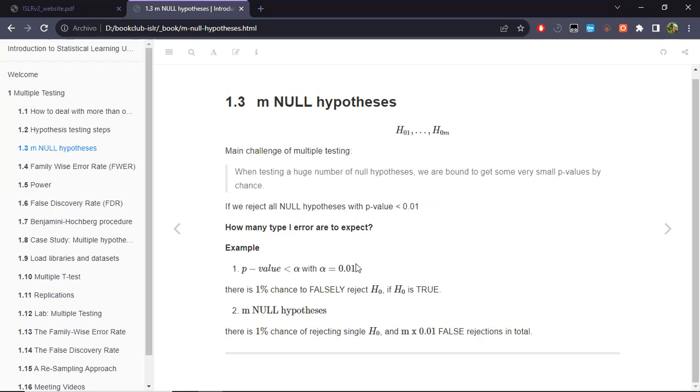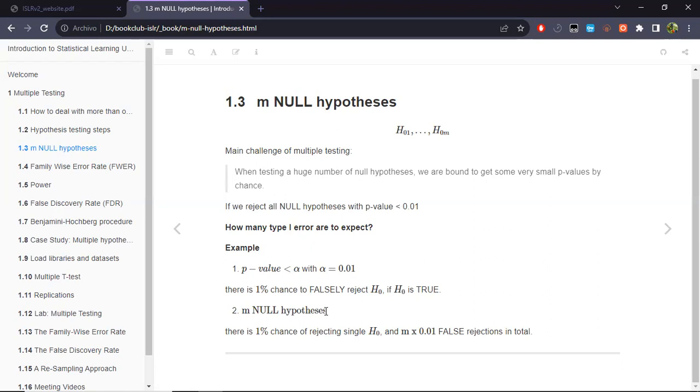And yes, we are getting a type 1 error almost guaranteed. So in a particular example, how many type 1 errors are we getting? For example, if we set the alpha threshold, to decide when to reject the null hypothesis, to be 1%, then that means that there is a 1% chance to wrongly reject the null hypothesis if it happens to be true.